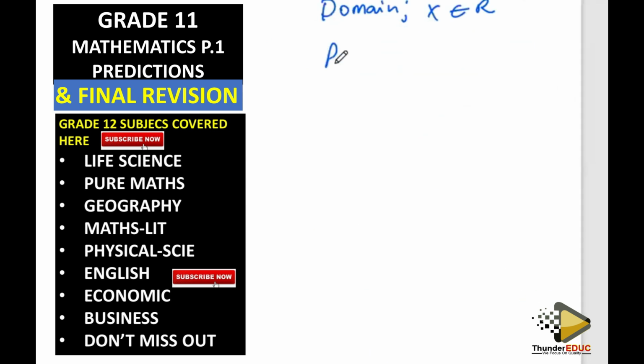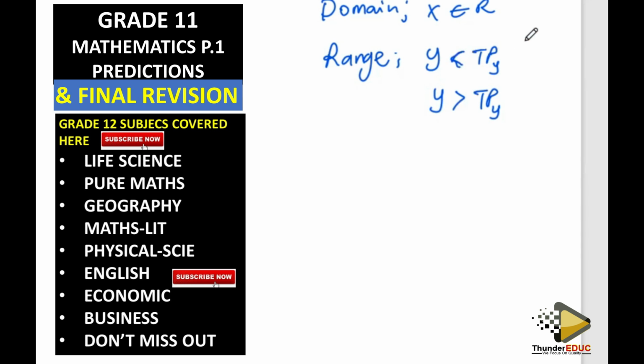Then the range. When you talk about range, we focus on the y values. With the range, either y is less than the turning point y value, or y is greater than the y coordinate of the turning point. What does the less than mean?